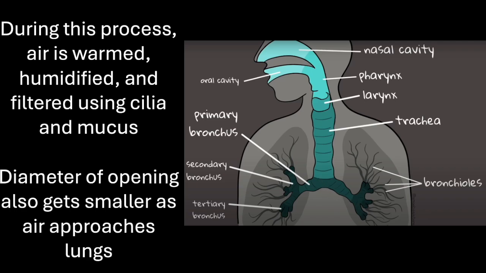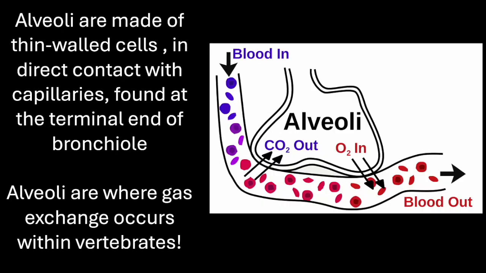And the diameter of this opening throughout our body gets smaller and smaller as we travel down towards the lungs. Once we get to the lungs, we see our alveoli, and these are made of really thin cell walls. And these come in direct contact with our capillaries. That's here, this little thing below the alveoli. And these are found at the terminal end of our bronchioles.